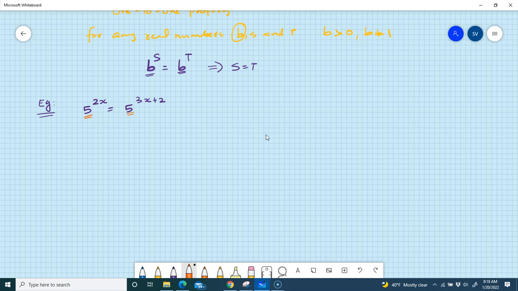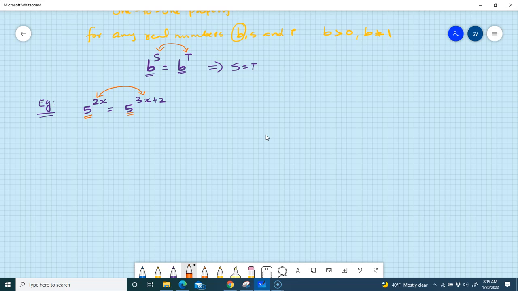That means the base of both exponential terms is the same, so this is an exponential equation with the same base. So we can use the one-to-one property. If we have two exponential terms with the same base, then we can equate the exponents. That is what the one-to-one property says. So we can equate the exponents.